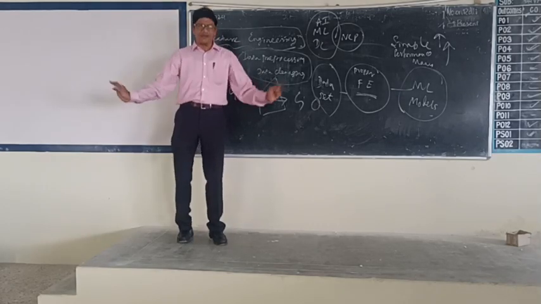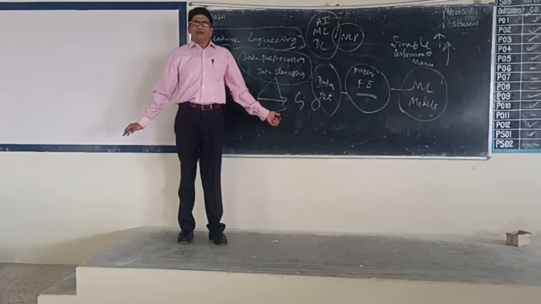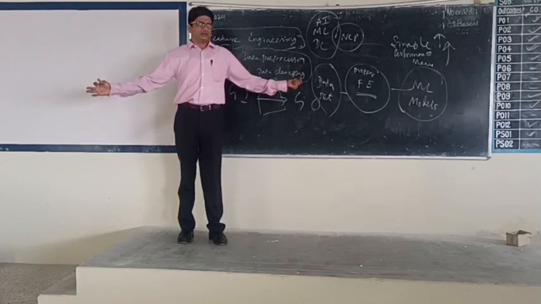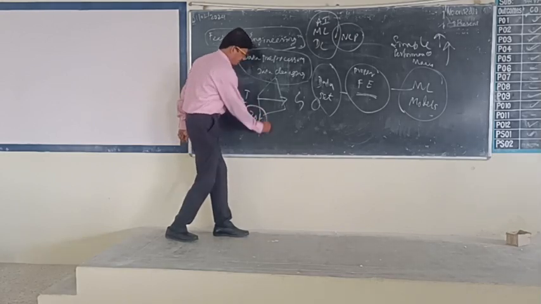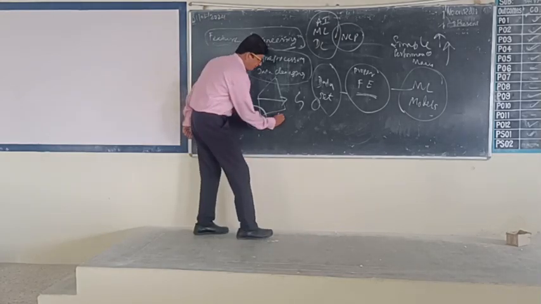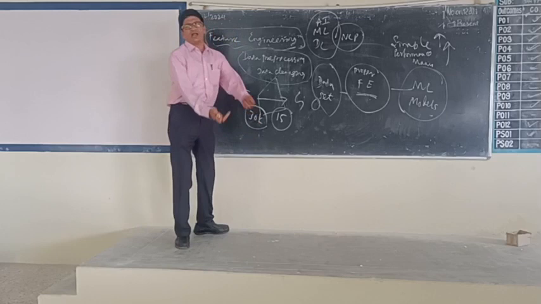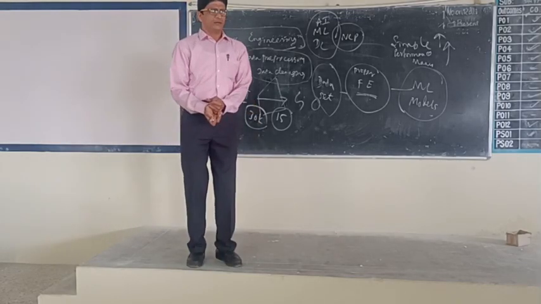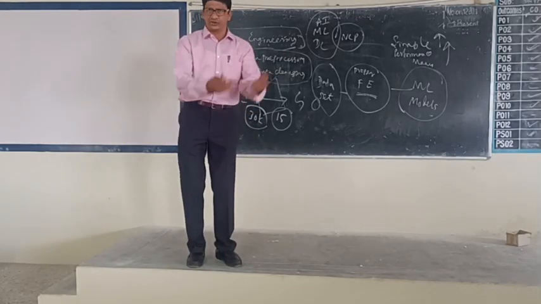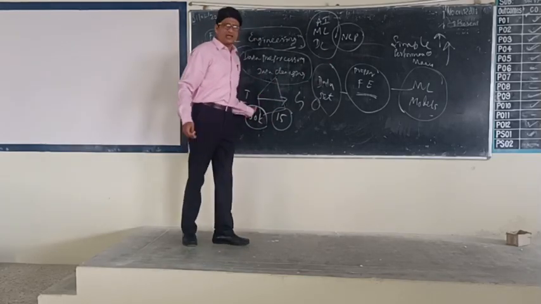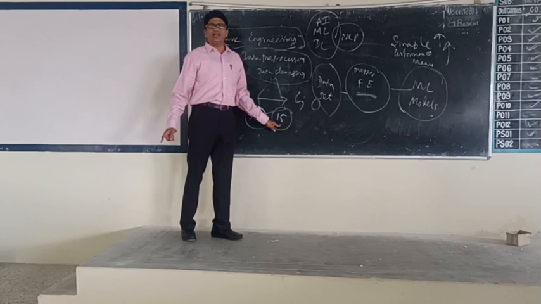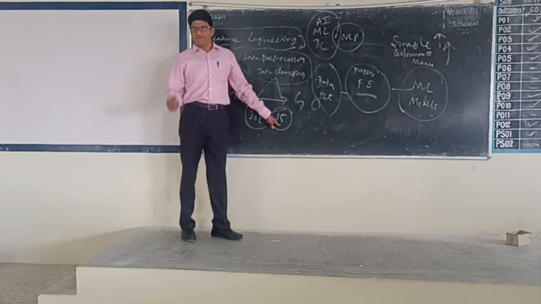For example, a simple example: there are 30,000 student records, and I have 15 columns in each record, 15 attributes.